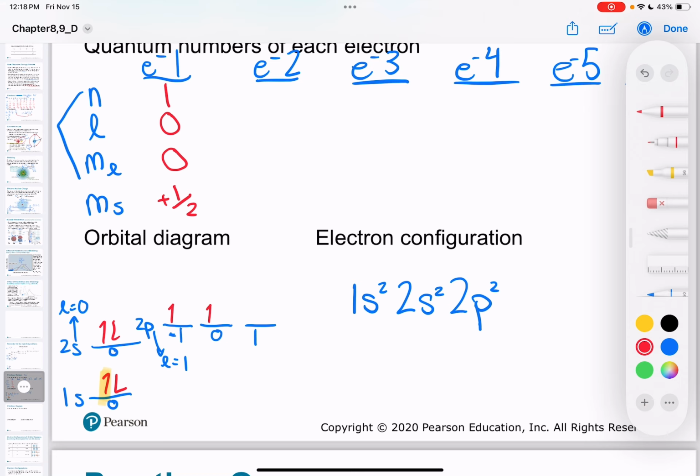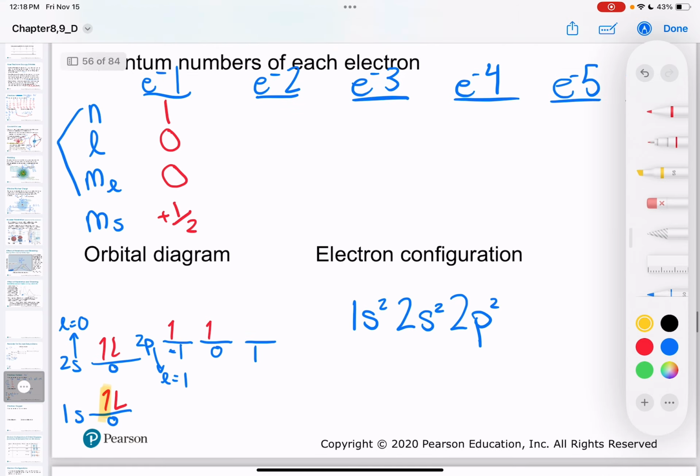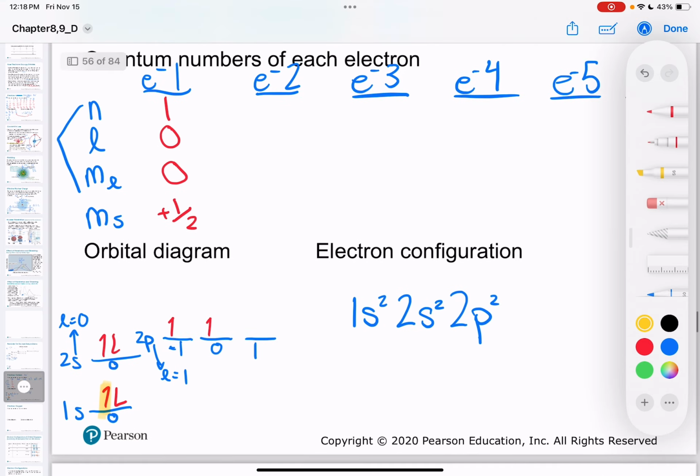When L equals 0, m sub l is always 0. There's no other choice there. And then the convention is we always write the first one as being a positive spin or an up spin, if you want to call it that, of +1/2. So that's the first electron.